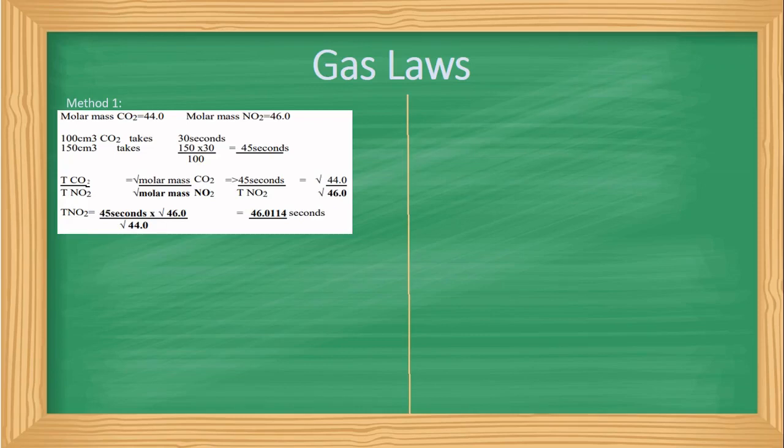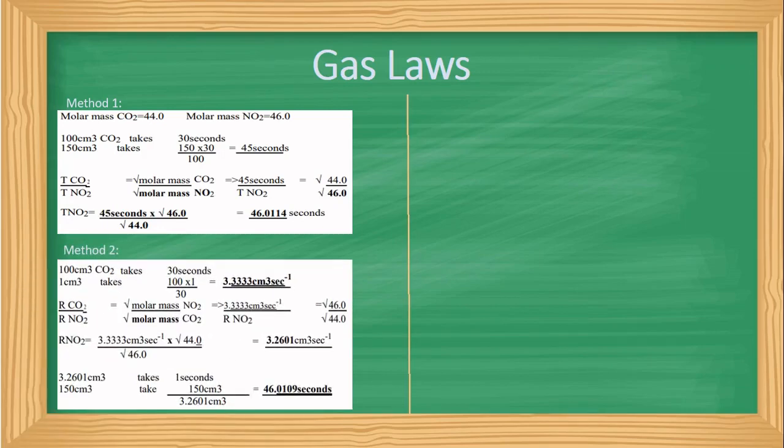So we find that 45 seconds divided by T2, which is what we are looking for, is equal to square root of 44 over square root of 46, which now gives you, if you calculate, you will find that time that will be taken for nitrogen oxide to diffuse will be 46.0114 seconds.